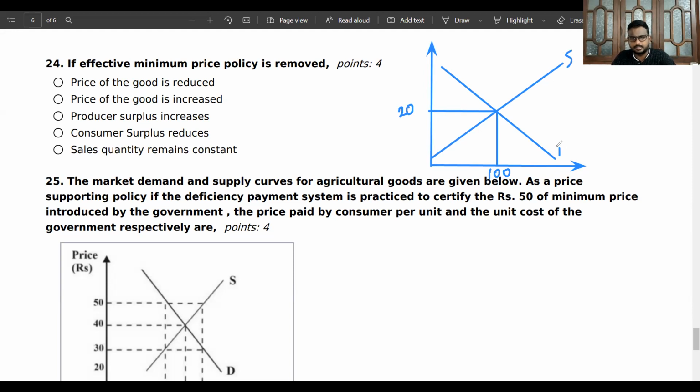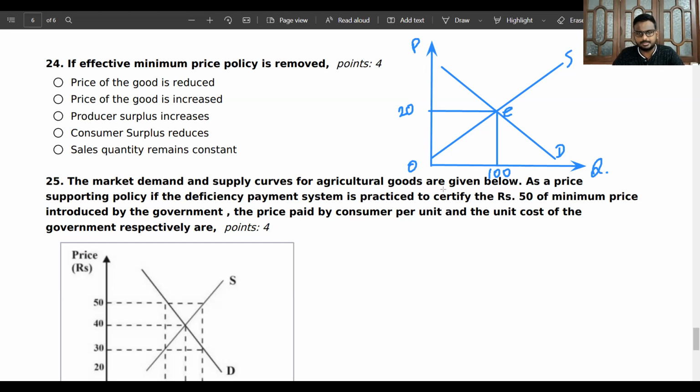Supply, demand, the equilibrium point, price, and quantity. Now, this 20, let's say, is based on demand and supply, but this is unfair, not enough for the producer. So the government is setting a minimum price.